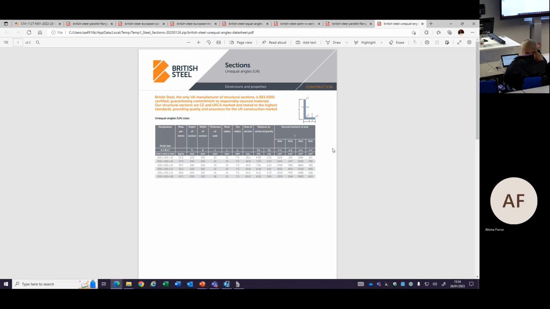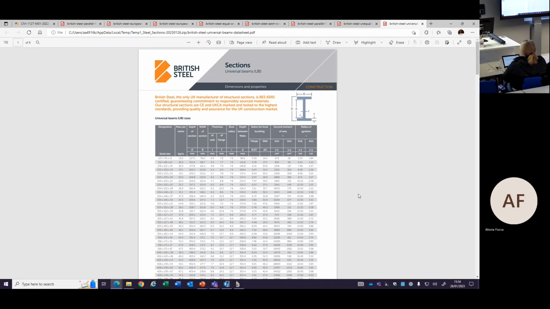We also have some unequal angles like this. The legs are not equal, they are different. So you can use them for different purposes if you need. We also have universal beam sections. This is another kind. This is common practice also in Europe and the UK.